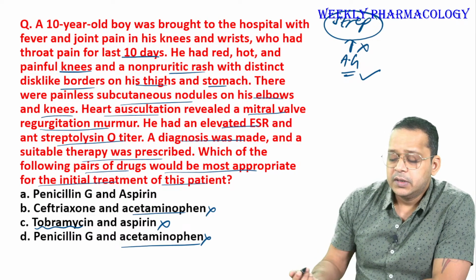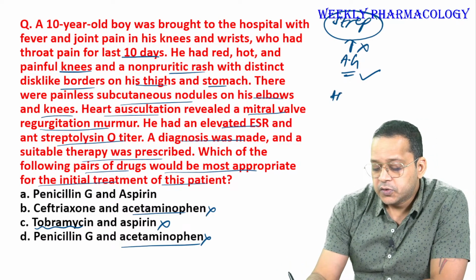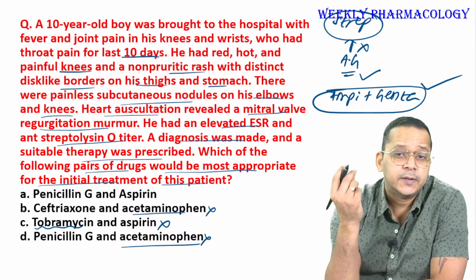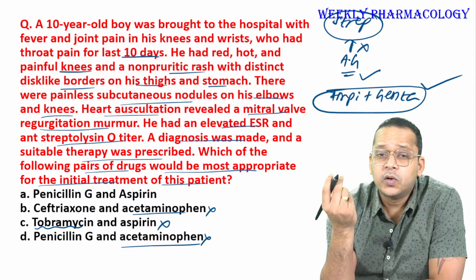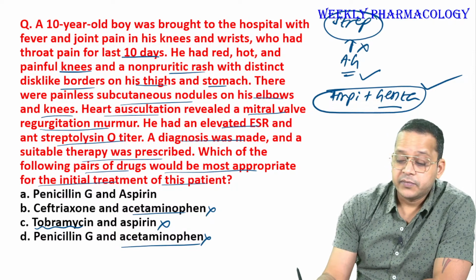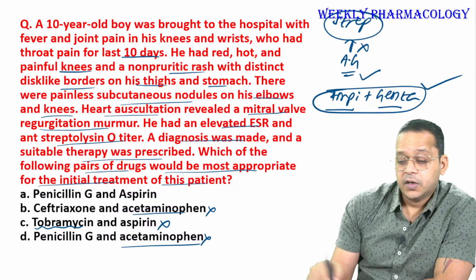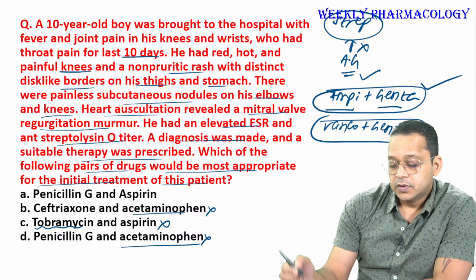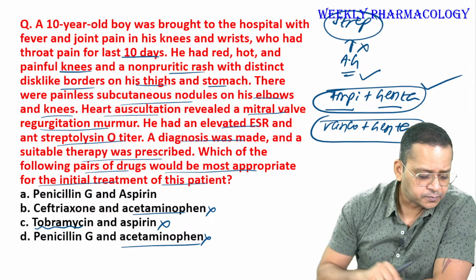For example, I can use ampicillin plus gentamicin for enterococcal endocarditis. Against enterococcus, gentamicin alone is not effective, but if I combine it with ampicillin, it becomes effective. Or in enterococcal endocarditis, I can use vancomycin plus gentamicin, right? So I told you the use is like that.